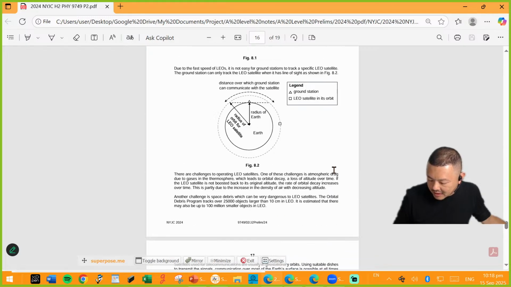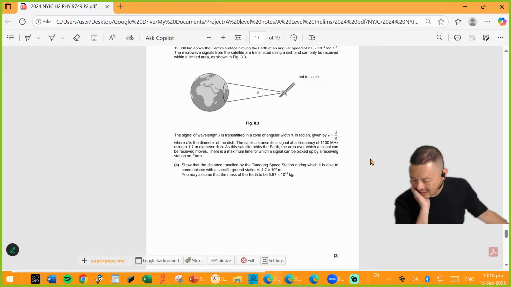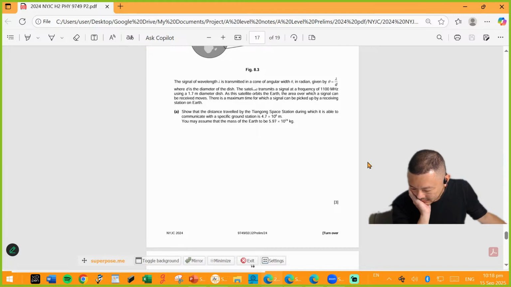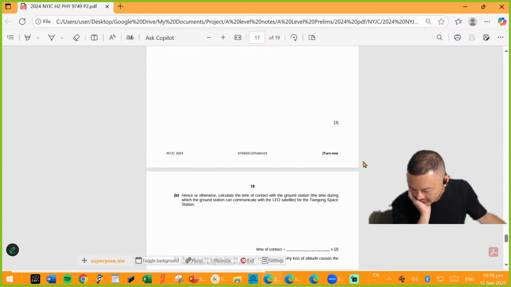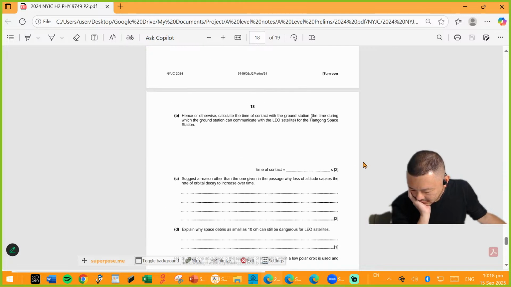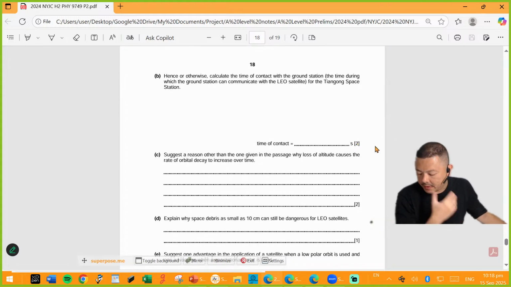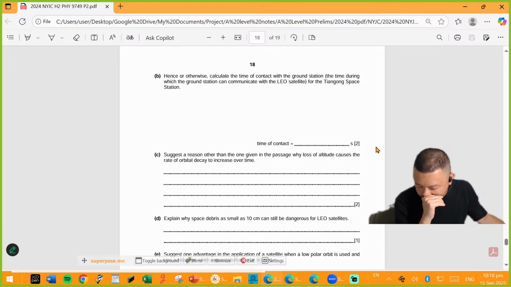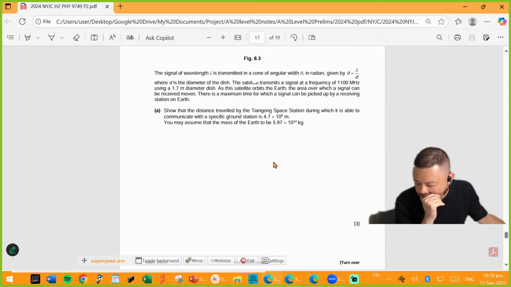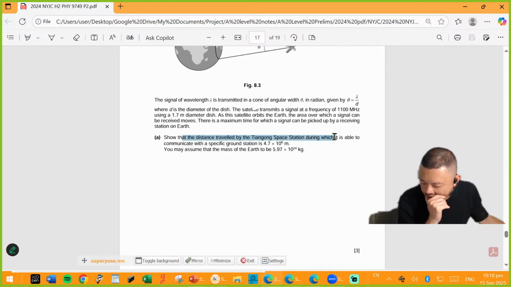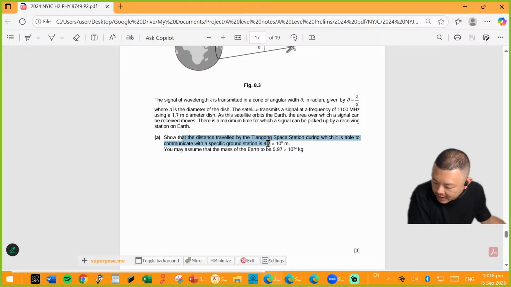So let's see, this kind. It really depends on how you want to play the game. You see, calculate the time of contact with the ground station. You see that, show the distance traveled in which it can.